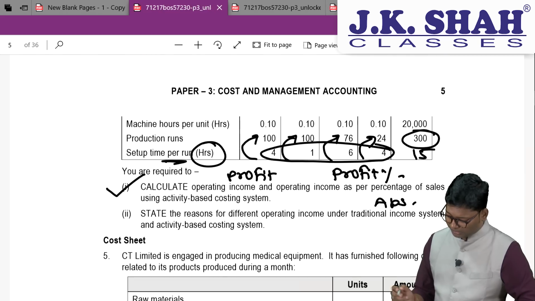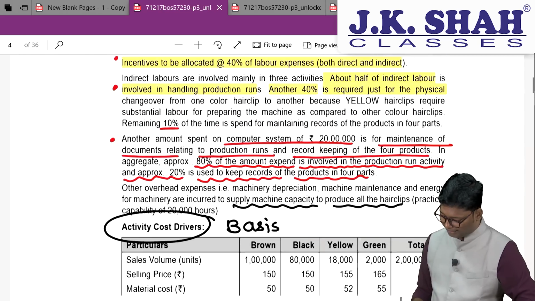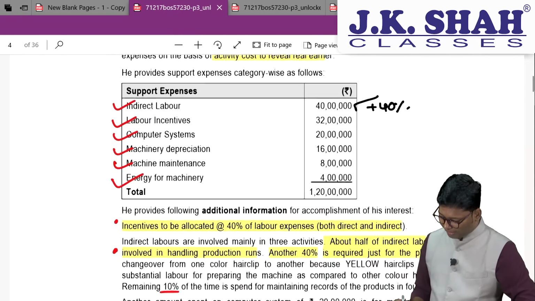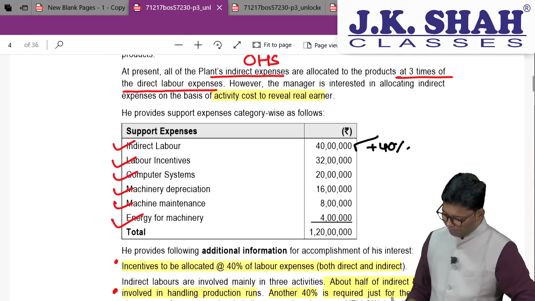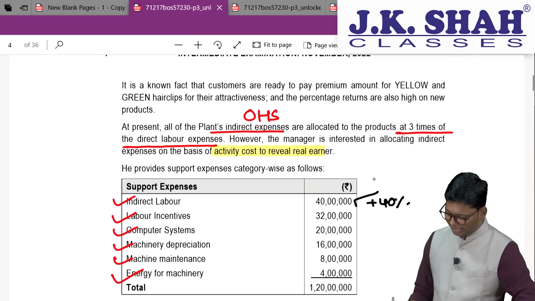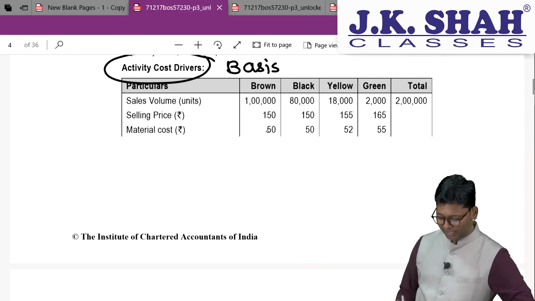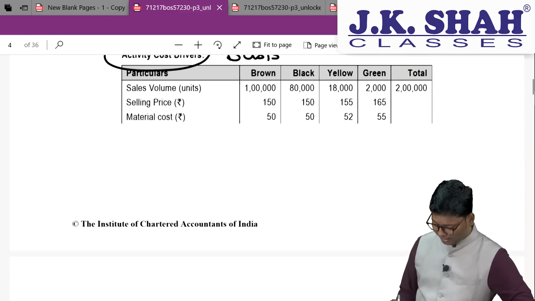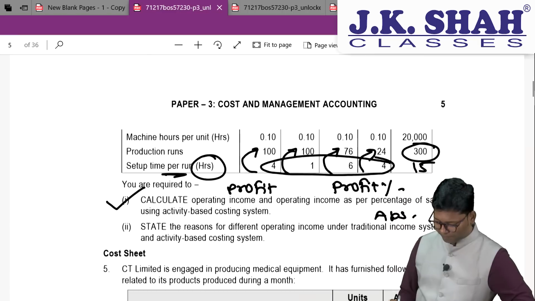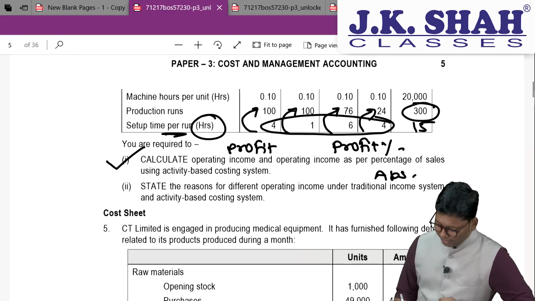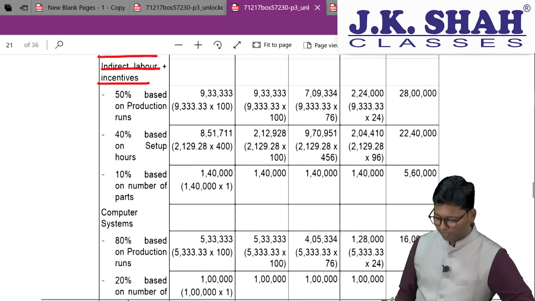The amounts given in the question related to direct labor and incentive are recorded. Material cost is given in rupees per unit, so the number of units will give you the total. Done.